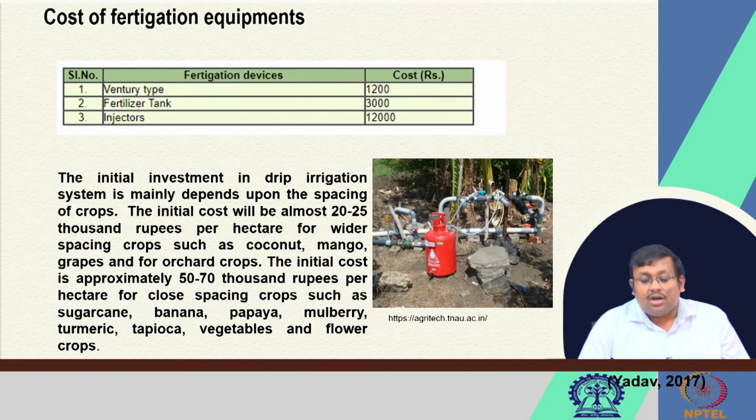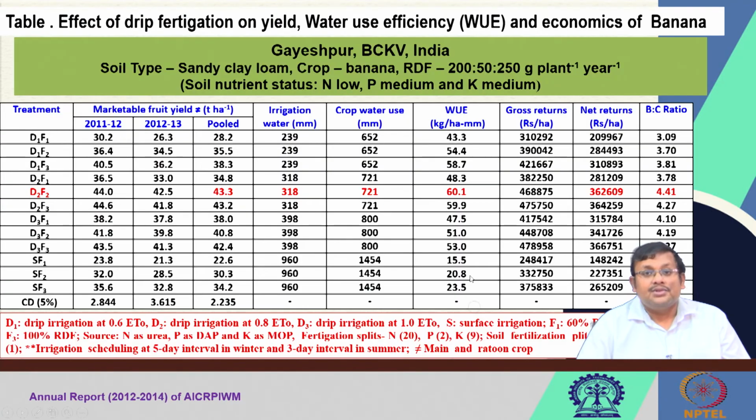The initial cost will be almost 20 to 25,000 rupees per hectare for wider spacing crops such as coconut, mango, grapes and other orchard crops, and approximately 50 to 70,000 rupees per hectare for close spacing crops such as sugarcane, banana, papaya, mulberry, turmeric, tapioca, vegetables and flower crops.